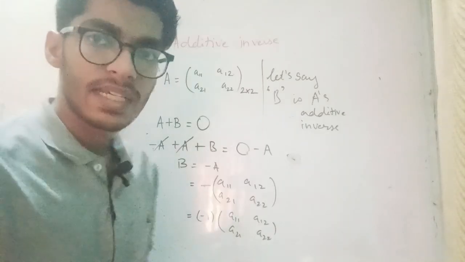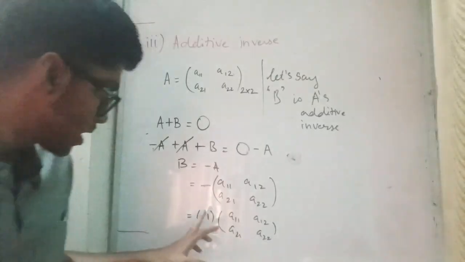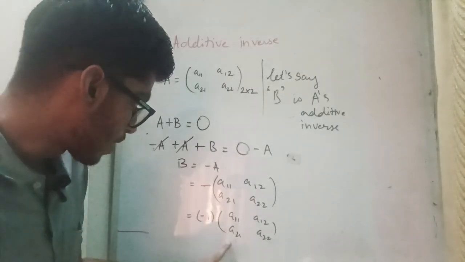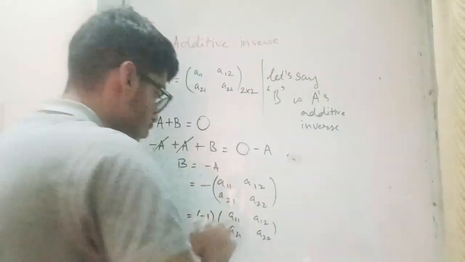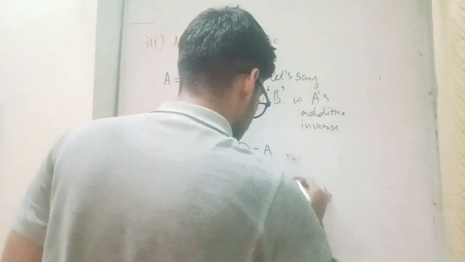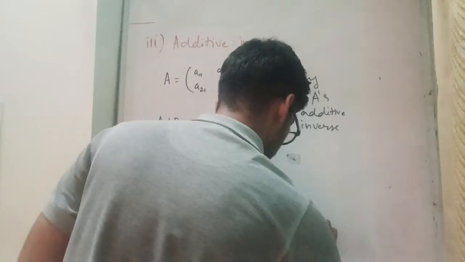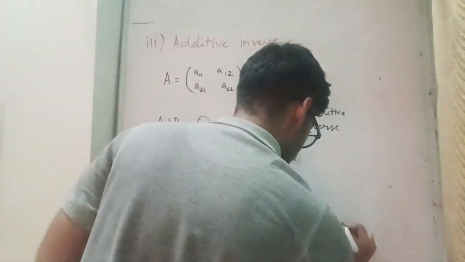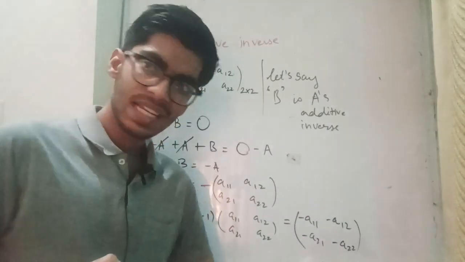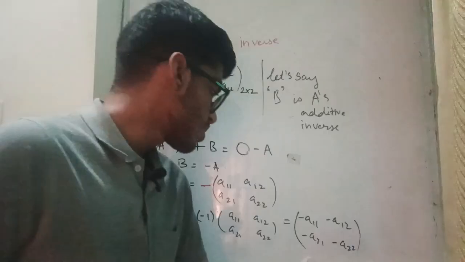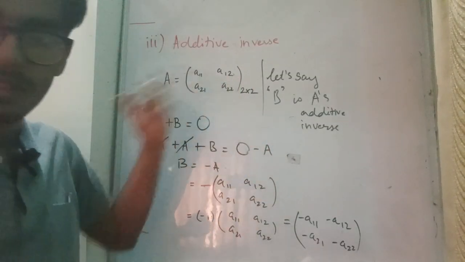So when we say a scalar is being multiplied with a matrix, as we have seen in our previous video, the scalar gets multiplied with each and every element of that matrix. So negative 1 gets multiplied with each and every element, and we get a matrix whose elements are additive inverses of the elements in our original matrix.